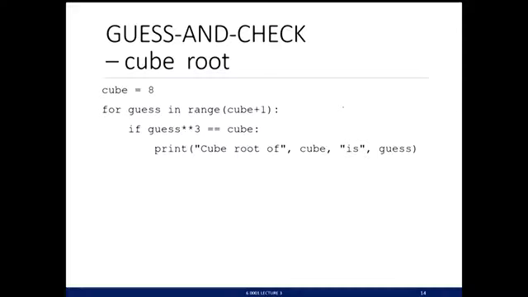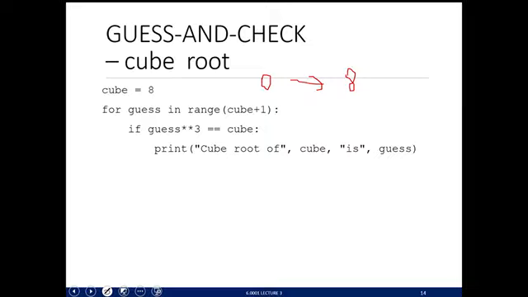So here's very simple guess and check code that finds the cube root of a number. So I'm trying to find the cube root of 8. So my cube is 8. I'm going to have a for loop that says I'm going to start from 0 and go all the way up to 8. For every one of these numbers, I'm going to say, is my guess to the power of 3 equal to the cube 8?